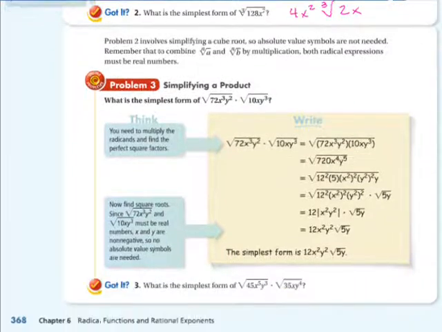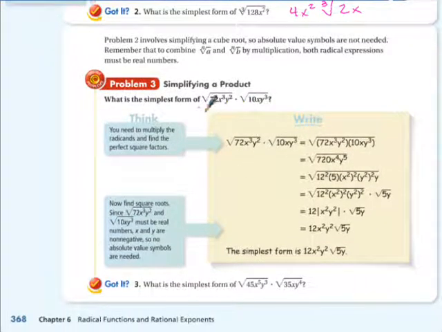We can combine them because it's the same index, 2 and 2. So 72 times 10, and we get 720, and x cubed times x is x to the 4th, and y squared times y cubed is y to the 5th. Then we have to clean these up and find the largest perfect square that goes into it, which ends up being 144.